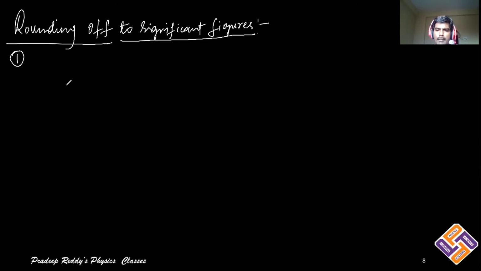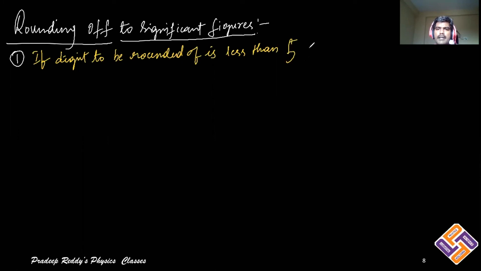Rule number one tells that if the digit to be rounded off is less than 5, omit it. Just leave that. If the digit which you are rounding off is less than 5, you can omit it. You can just leave that digit.